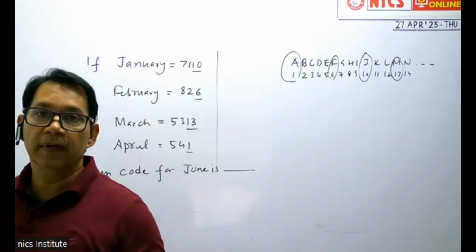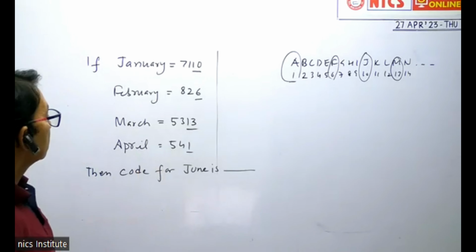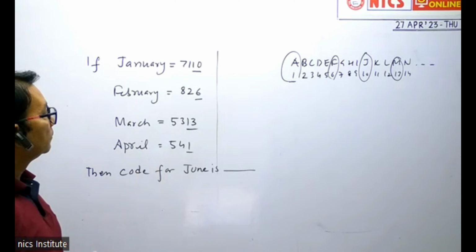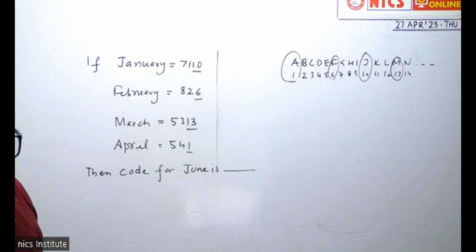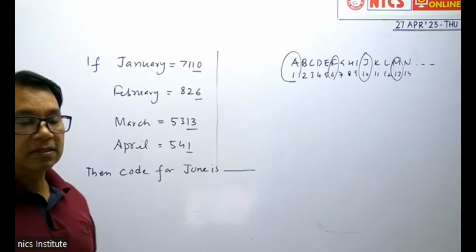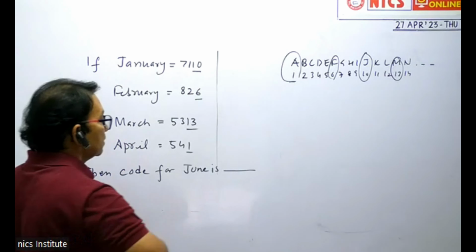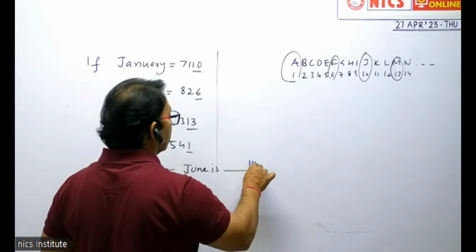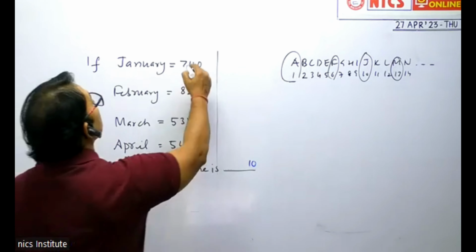If we number A, B, C, D, 1, 2, 3, 4, 5, and so on, we get this. Then in the case of June, the last two digits must be 10. What about this?